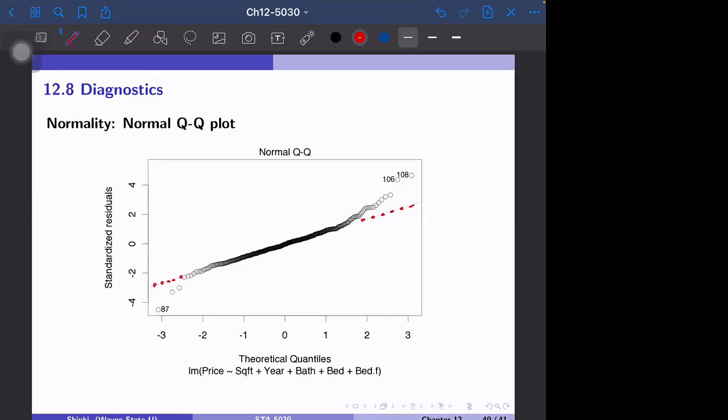Remember that the horizontal axis is the theoretical quantiles for errors, and the actual errors are on the y-axis, and both are ordered. The theoretical quantiles are ordered from the smallest to largest. We have about 500 observations in this case, and the standardized residuals are the actual residuals, also ordered. So if everything is correct, then this should be the diagonal line.